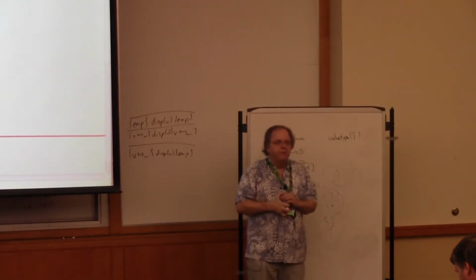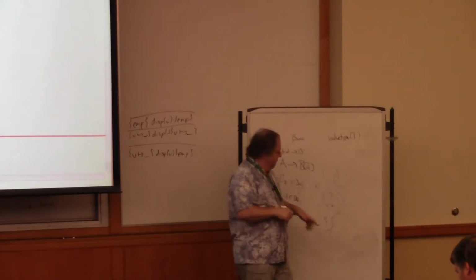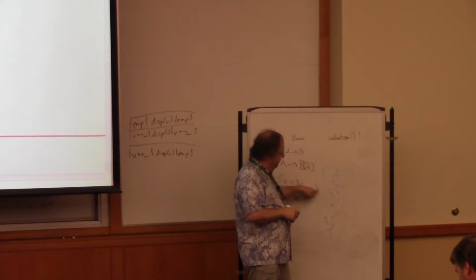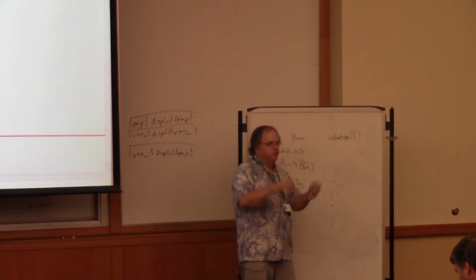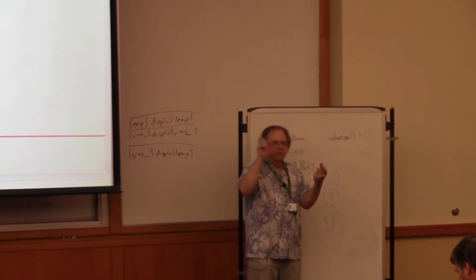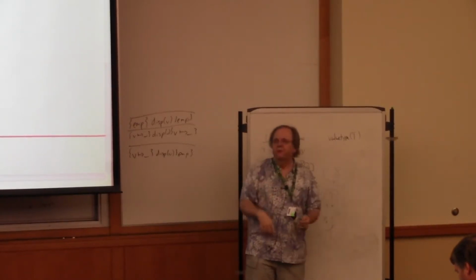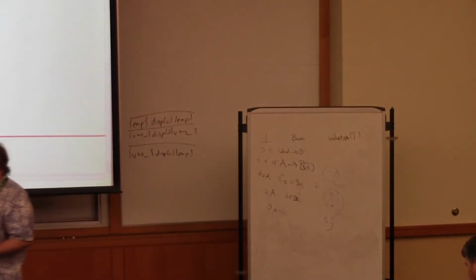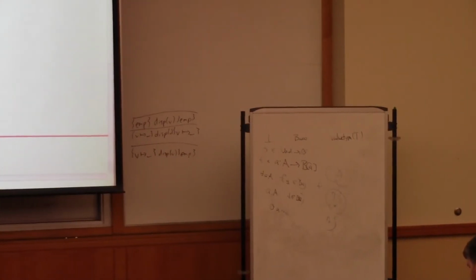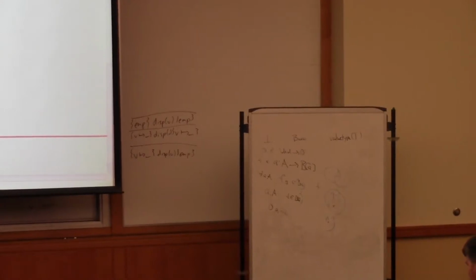Why shouldn't that be a type? Well, you have to define the members. The members are just the things that are f of something in T. And then the equality just says an f of x is equal to an f of y if the x was equal to the y in the original type. So it's actually a pretty simple concept, the image of a type under a function.